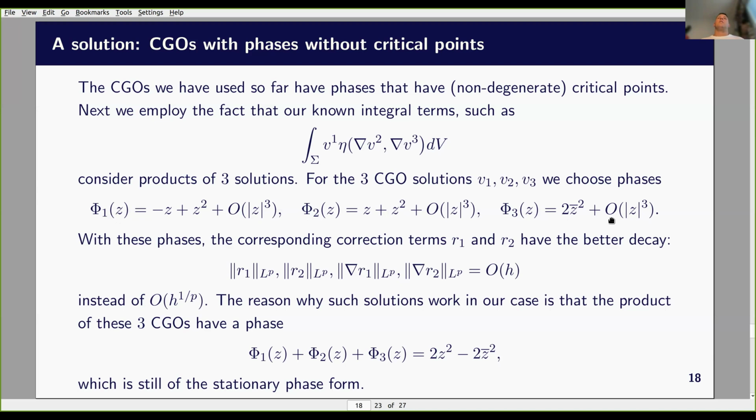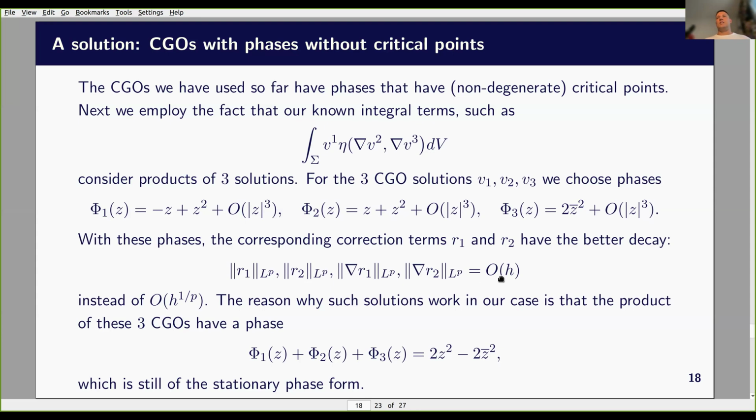Now what happens is that with the phases phi 1 and phi 2, the corresponding correction terms R1 and R2 actually have better decay. The L^p estimate for R1, R2 and their gradients is actually of size big O(h).